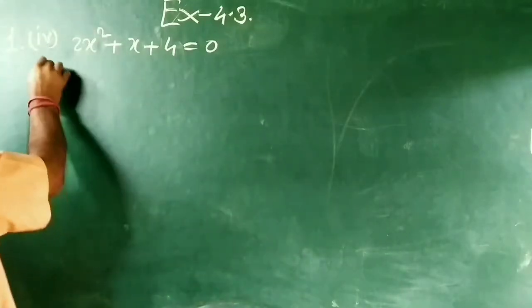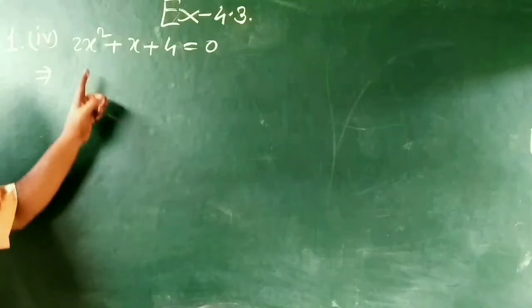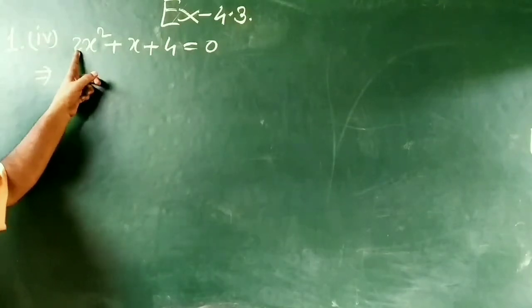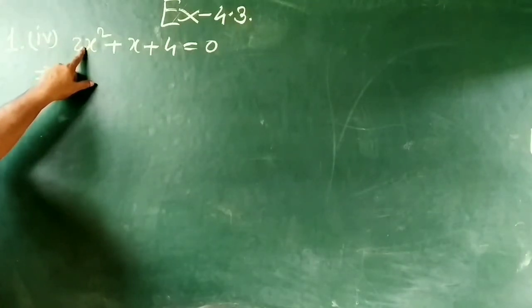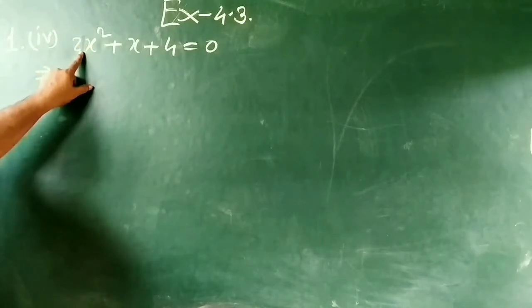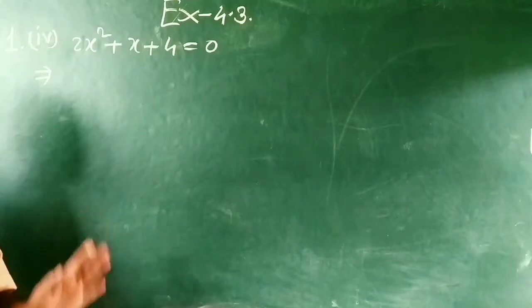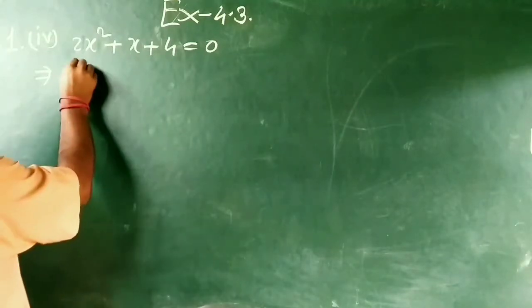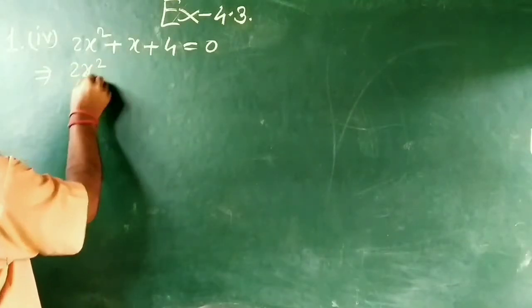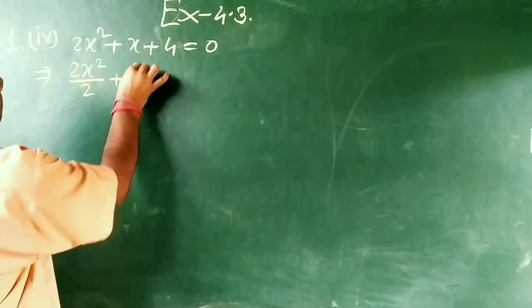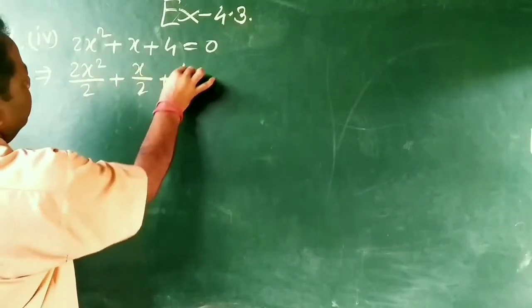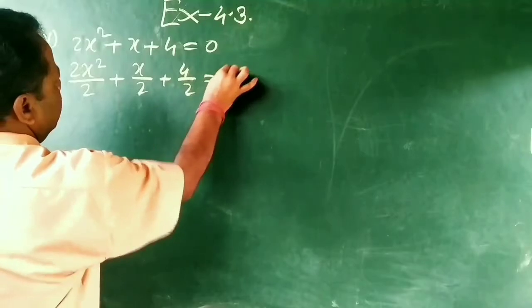For that, the first step is to remove the coefficient of x square. X square should be free; there should not be any coefficient. For that, we will divide every term by 2. Try to understand. Dividing every term by 2: x square plus x by 2 plus 4 by 2 equals 0 by 2.